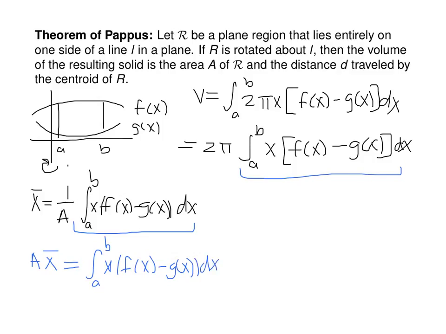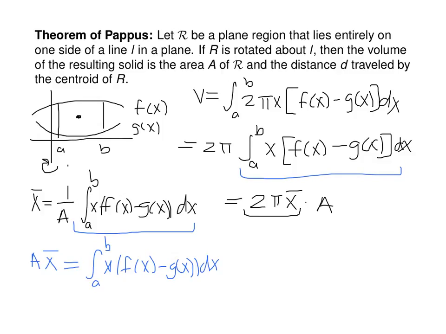So the formula over here is really 2 pi x bar times A, and 2 pi x bar is the distance traveled by the centroid. Say here is the centroid. It goes around the y-axis in a circle, and the distance it travels is the circumference of that circle, which is 2 pi r, and r is x bar.